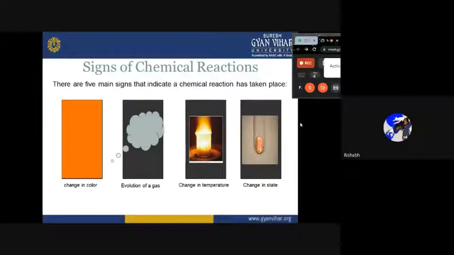Change in temperature is also a sign, and change in state means from solid to liquid, liquid to gas, or from gas to liquid or liquid to solid. So these signs will indicate that a chemical reaction has taken place.